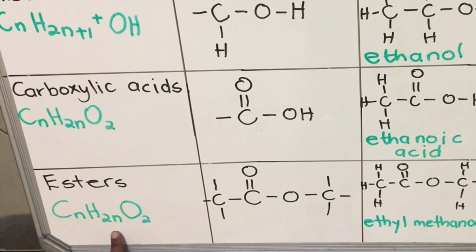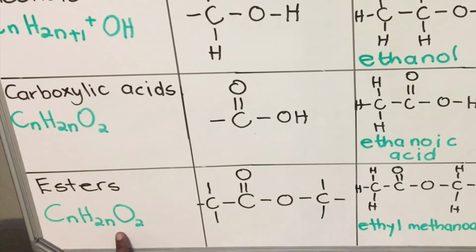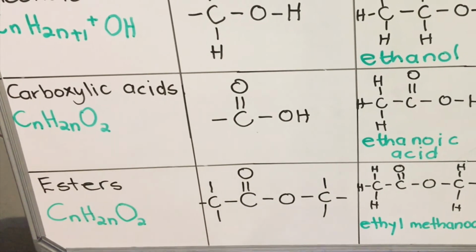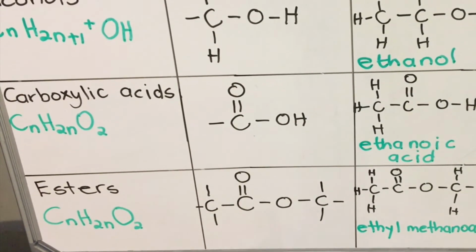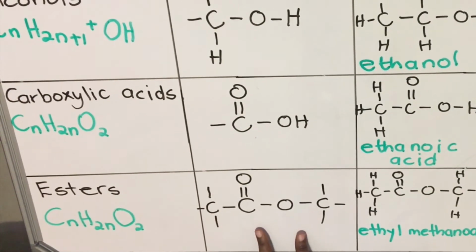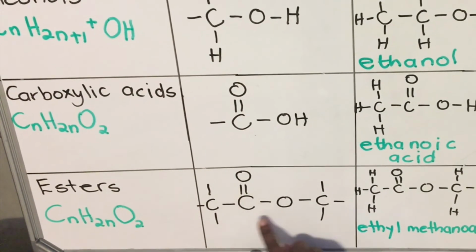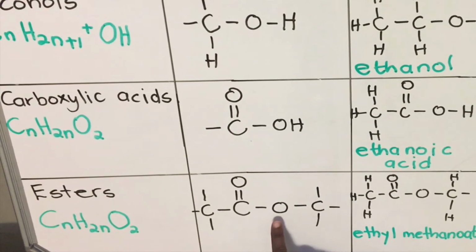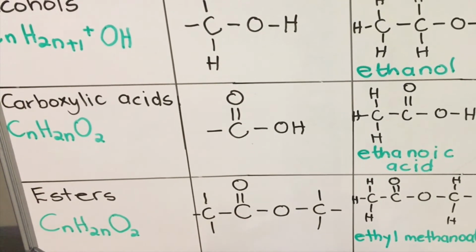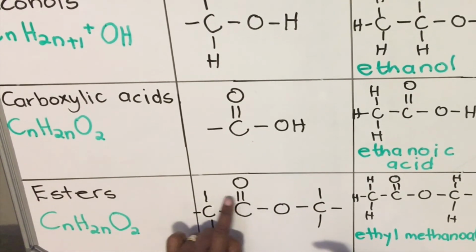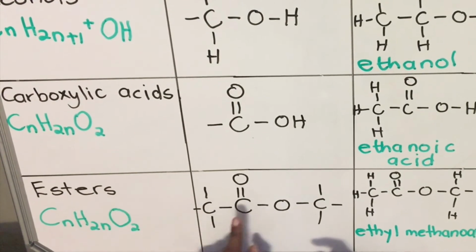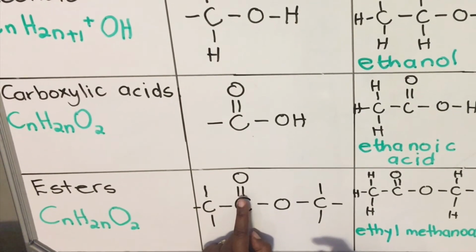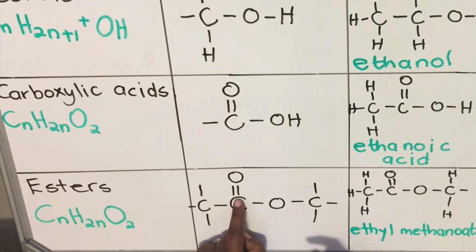The esters, I've already spoken about the general formula of the esters. That is the same as that of the carboxylic acid. The difference is in the esters, there will be a chain of carbons, and in the middle of the chain of carbons, there will be an oxygen that's breaking the chain. So it's making this group of carbons that will have a double bond with the oxygen, the carbonyl group.